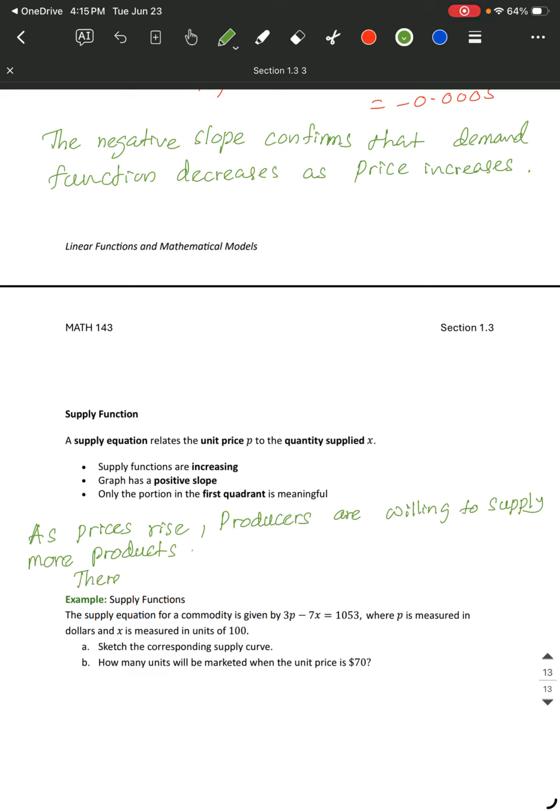Therefore, supply functions usually have positive slopes. Let's see the example.